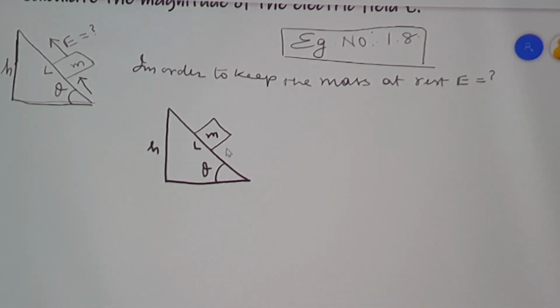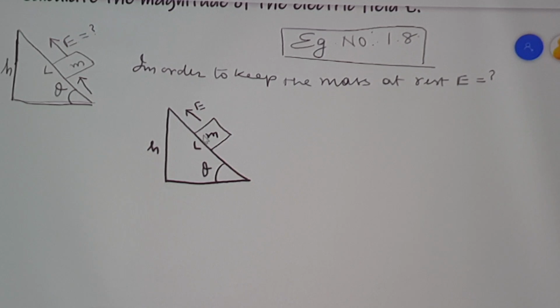Now, I can say that along this direction, that is parallel to that of the inclined plane, an electrical field E is applied, and you have to calculate what is the value of the electrical field. Now, in order to keep the mass at rest, what is the electrical field?